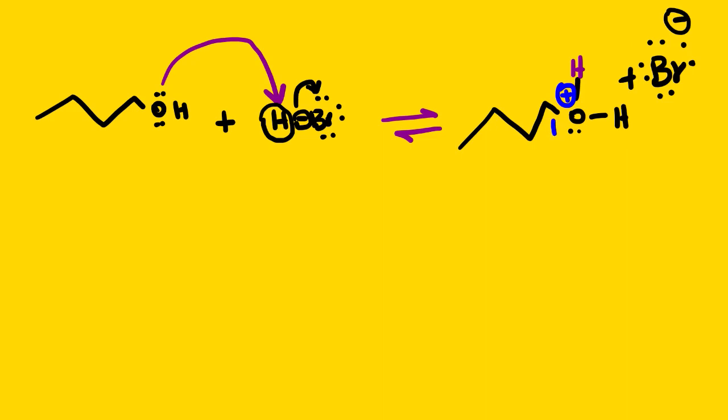So what happens is that the leaving group will leave the substrate, but you should understand something. Let's talk about primary and secondary carbocations.